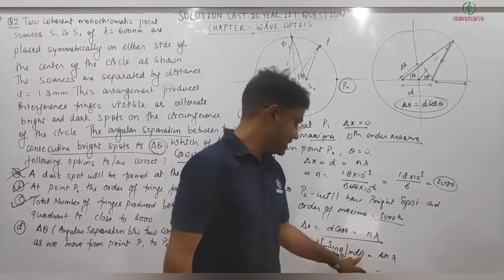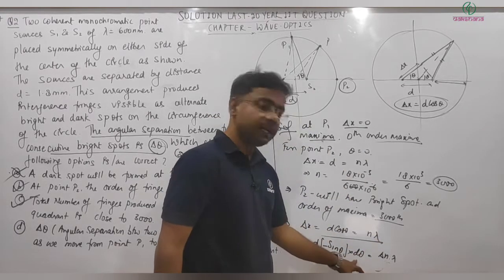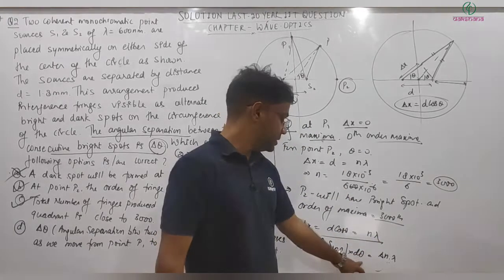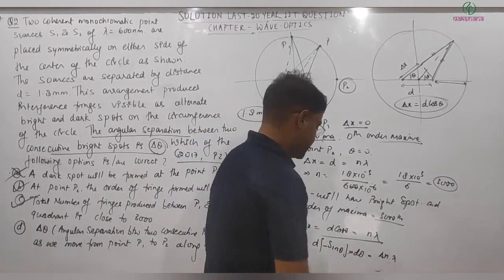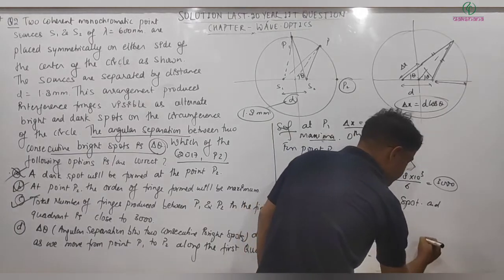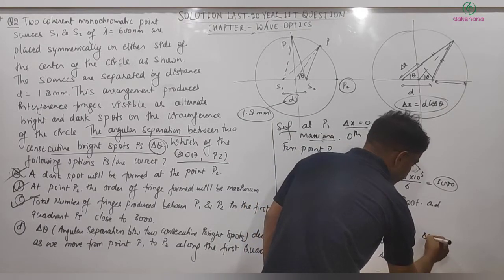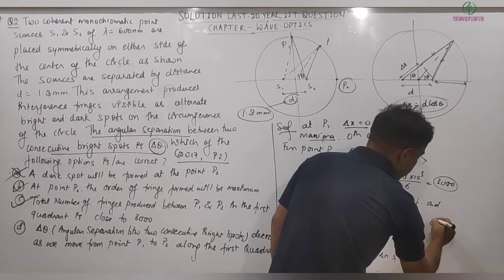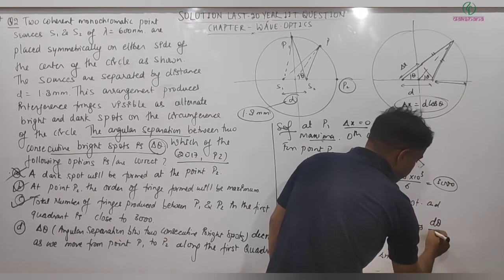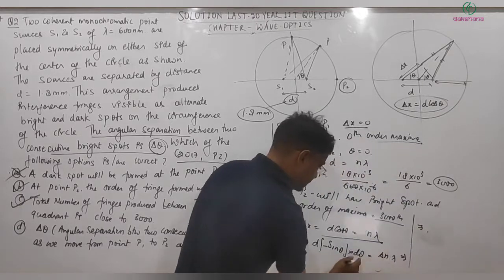So delta theta divided by delta n will be the angular separation per unit fringe. So this implies delta theta divided by delta n, let me write it simply in terms of delta.